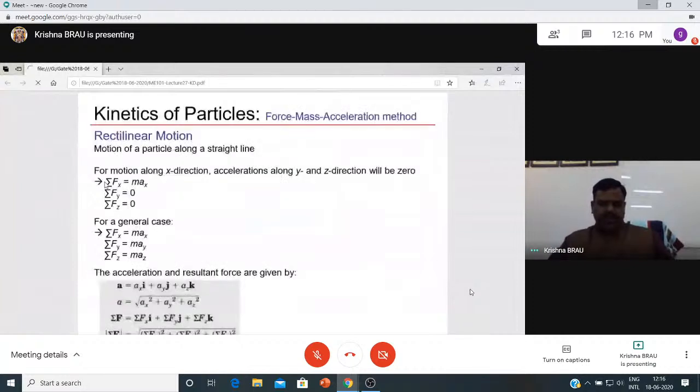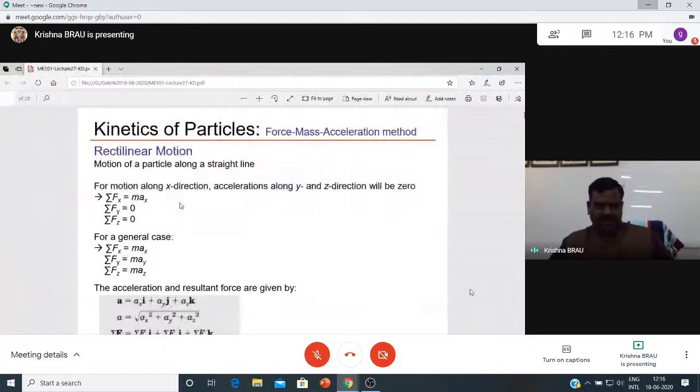If it is a body with only x direction translation, Fx is max, Fy is 0, Fz is 0. If all three are there, then these are the equations. In dynamics, max, may, maz.